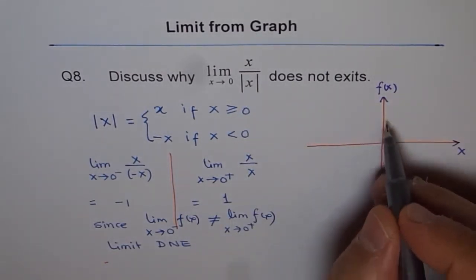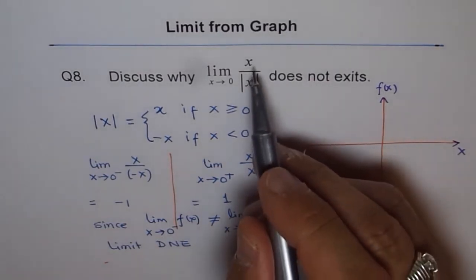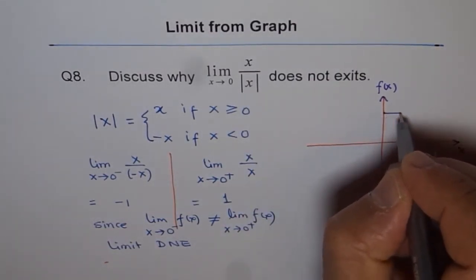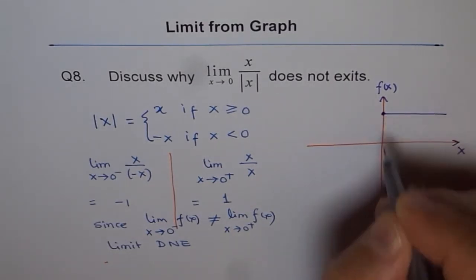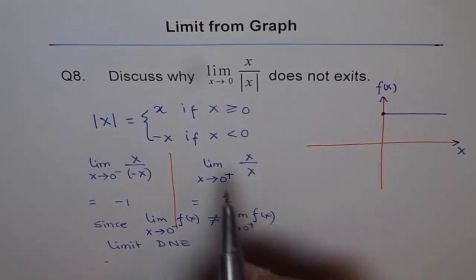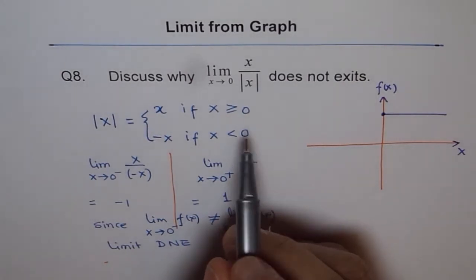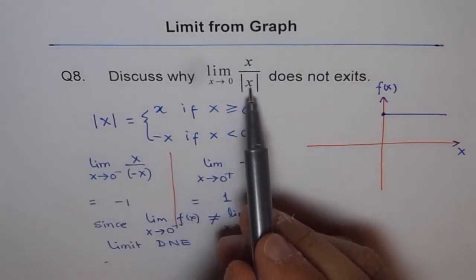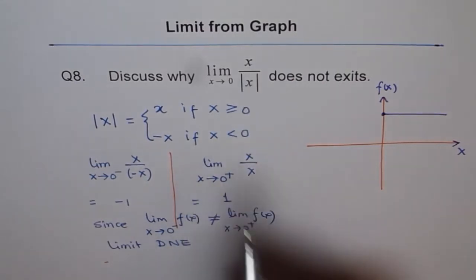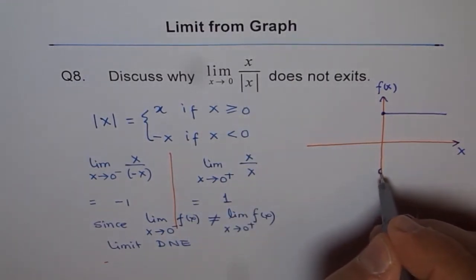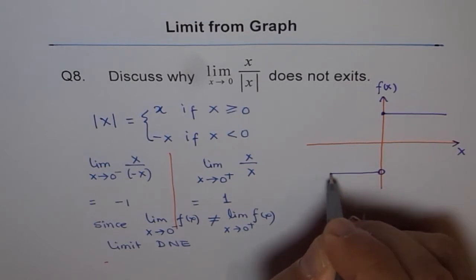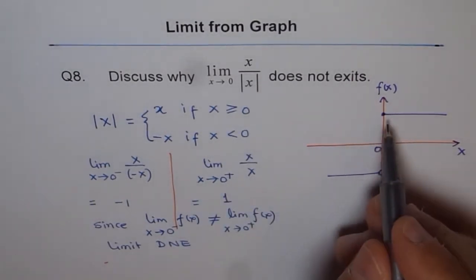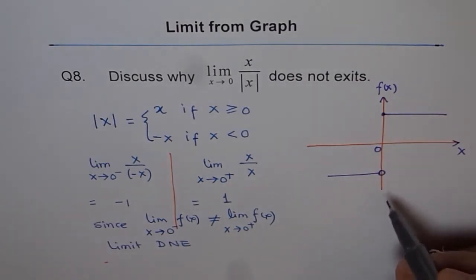If x is greater than or equal to 0, then x over absolute x is 1, this point being included. But when x is less than 0, then absolute x is minus x, and x divided by minus x gives you minus 1. So it becomes a graph like this, where the point at 0 is not included, because we are including 0 when x is greater than or equal.